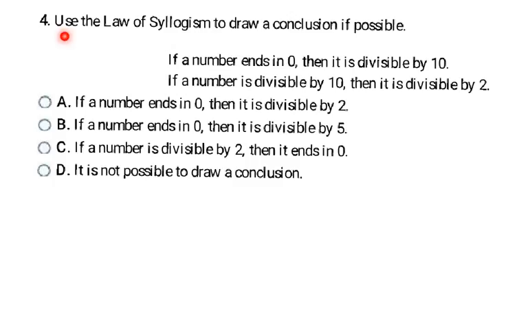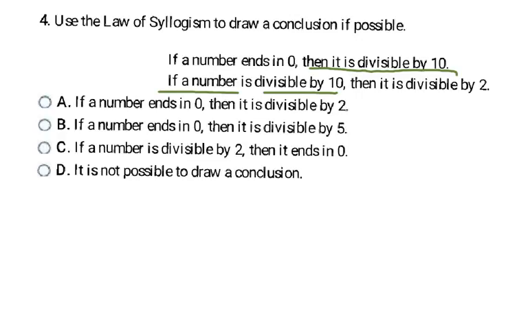Okay, this problem says, use the law of syllogism to draw a conclusion if possible. So we have these statements: if a number ends in 0, then it is divisible by 10. If a number is divisible by 10, then it is divisible by 2. Do you see how this one ended and this one began with the same statement?